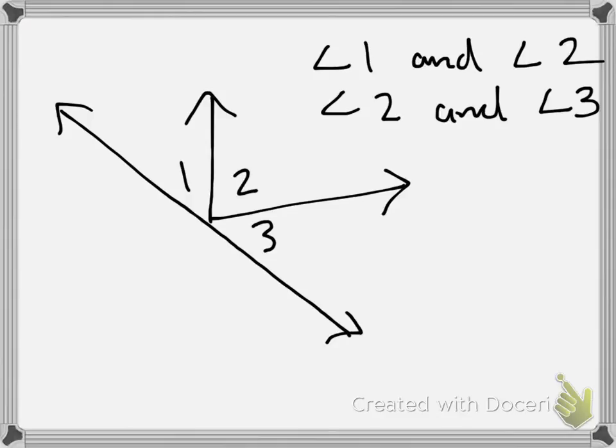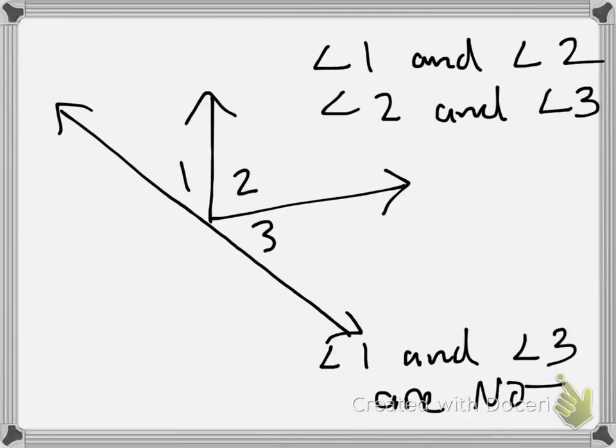They're next to each other. They share a common point. Angle 1 and angle 3 are not. Now, the reason being, they do share a common vertex, but they don't share a common side. If you notice, there's a space in between, and that's obviously angle 2.